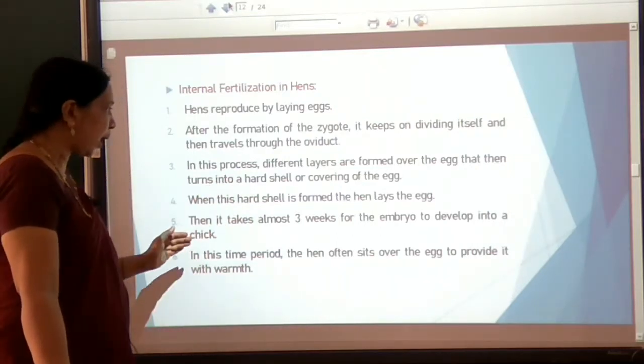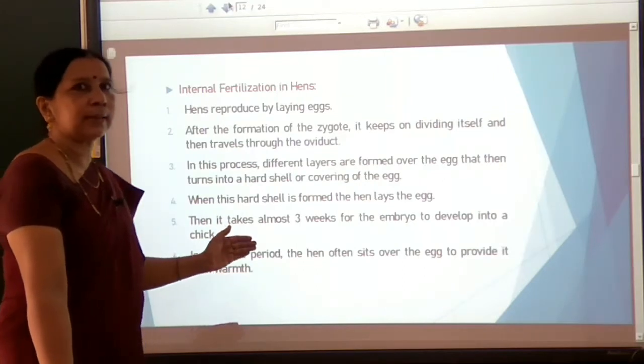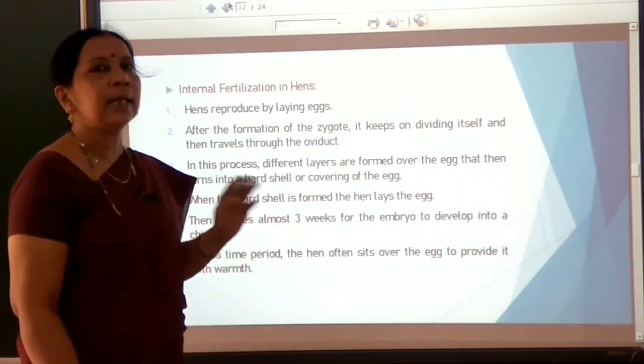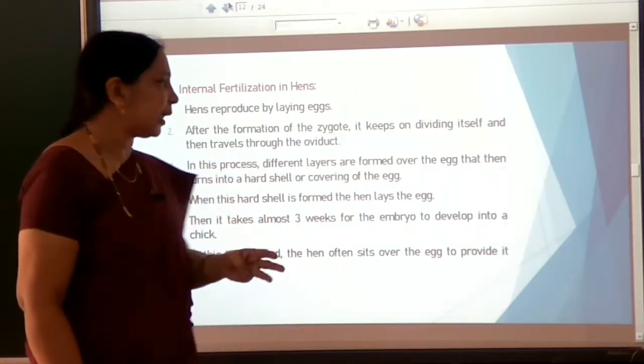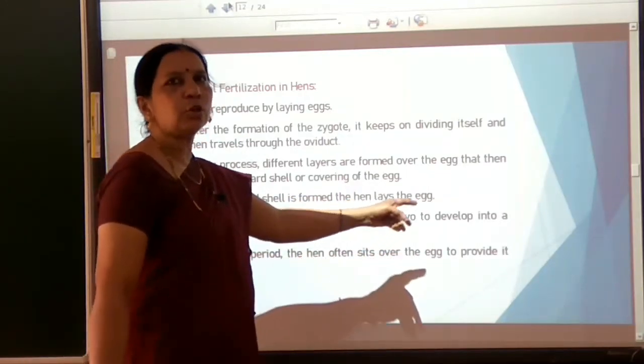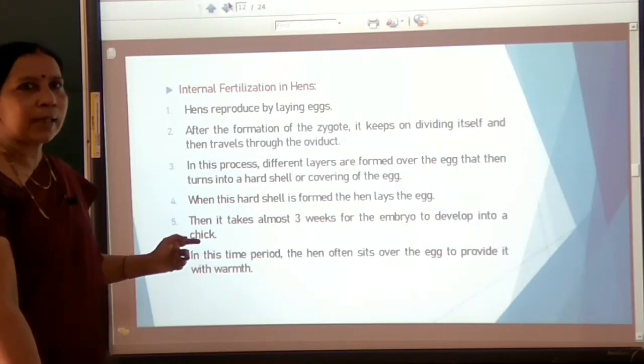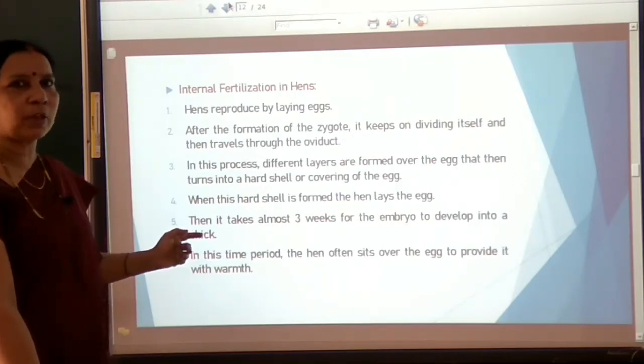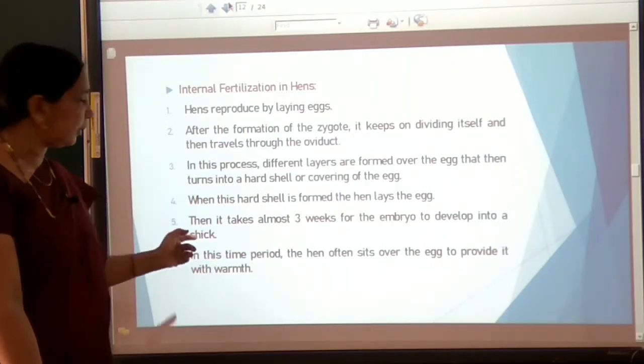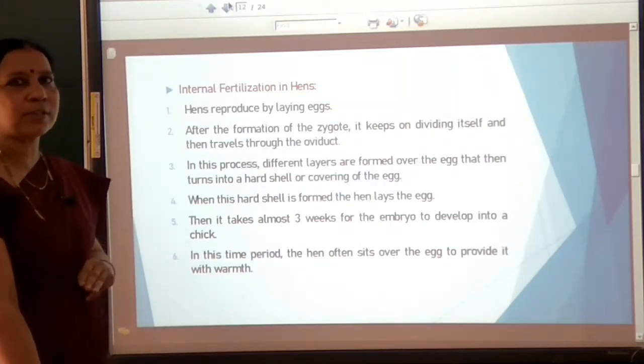So what happens? After the laying of eggs by the hen, it takes about 3 weeks for the embryo to develop into a chick. So about how many weeks does it take for the development of the embryo into a chick? 3 weeks time is needed.